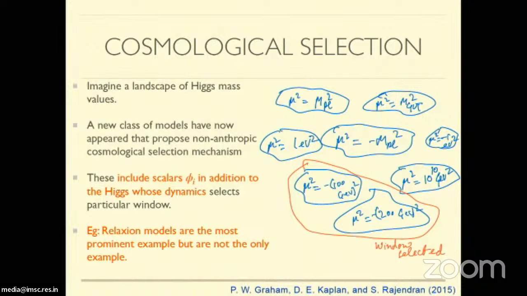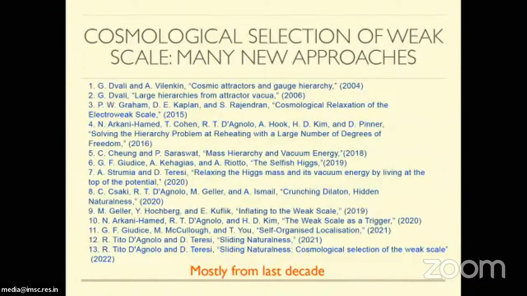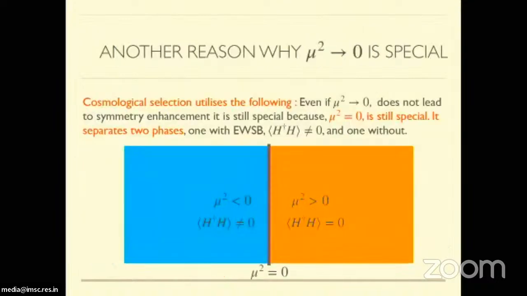They had some slowly rolling field which could in time scan all these different vacua, and then once you get close to this 100 GeV scale, it stops. These are some of the papers, and most of them are from the last decade, which try to find this kind of an explanation. And our work is a continuation of this approach.